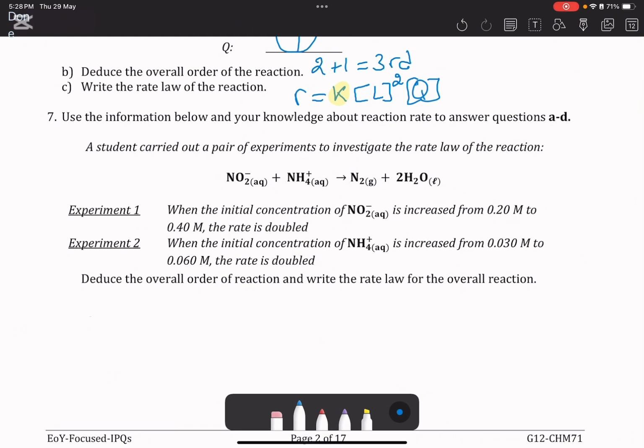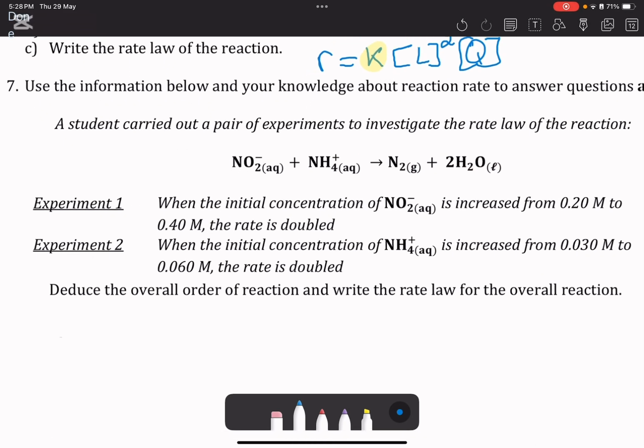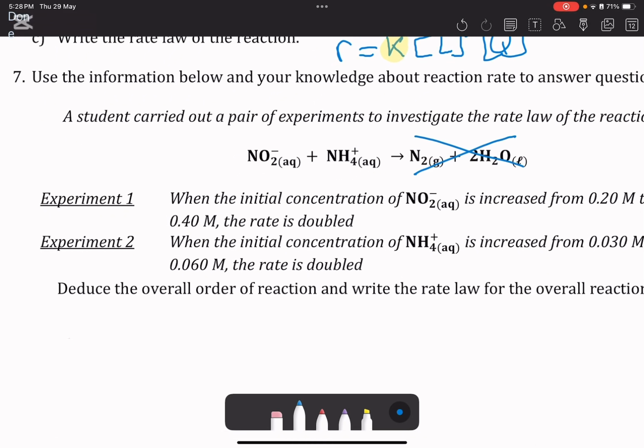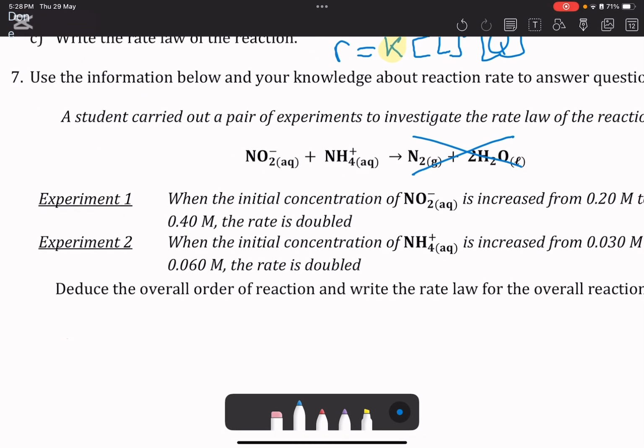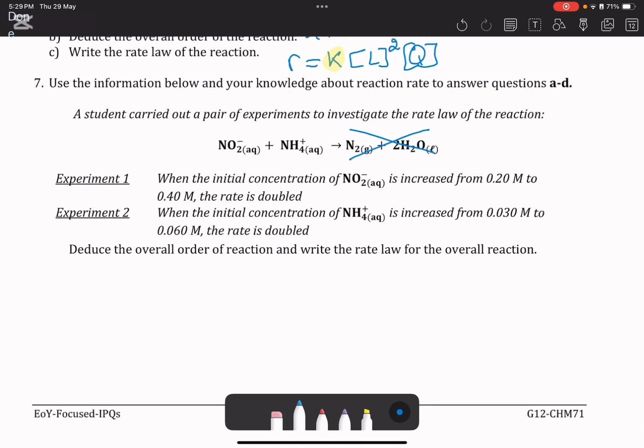A student carried out a pair of experiments to investigate the rate law of the reaction. Note that when I write the rate law, I'm not interested in including the products in the formula. It's only equal to the concentration of the reactants. So this is power N and this is power M. So let's see.